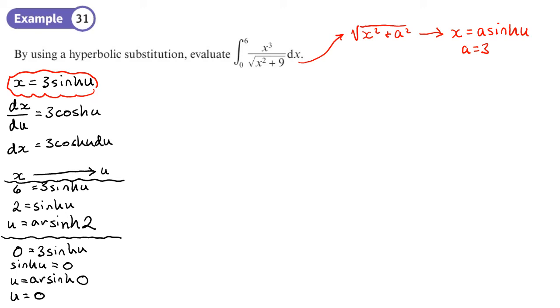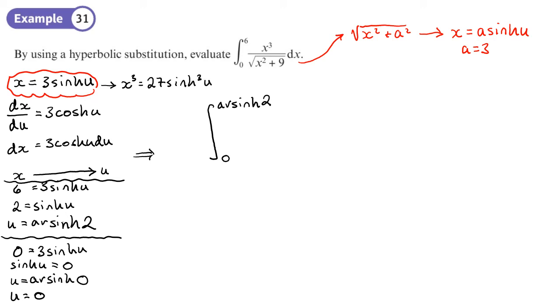Now we're ready to substitute all of this in. First of all, the limits: 0 at the bottom, arcsinh 2 at the top. Unfortunately we can't write it any more exact than that, because if you type that in your calculator you don't get an exact answer. Remember, it's going to be the natural log of something, and we'll probably need that later on. At the top we have x cubed. If x is 3 sinh u, then x cubed is 27 sinh cubed u.